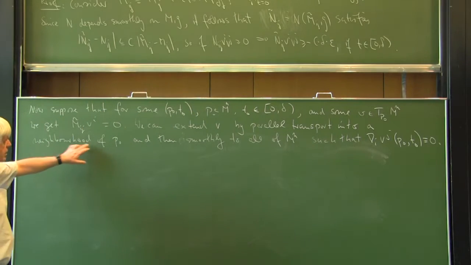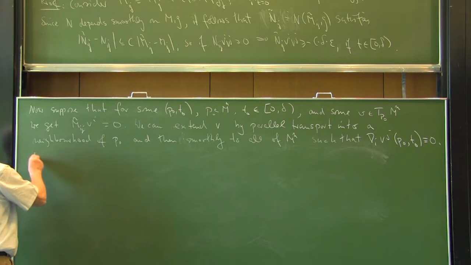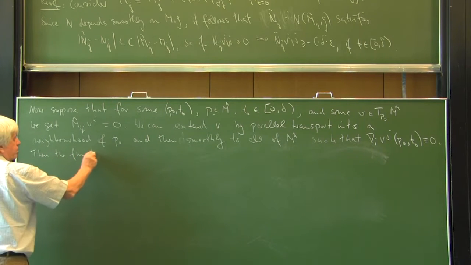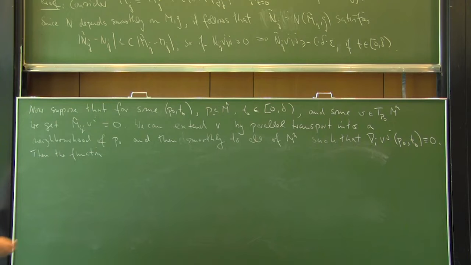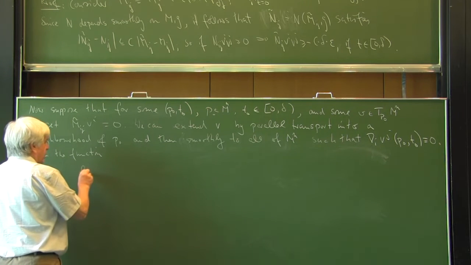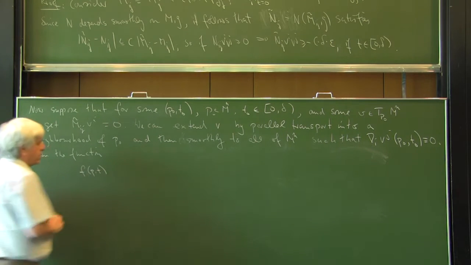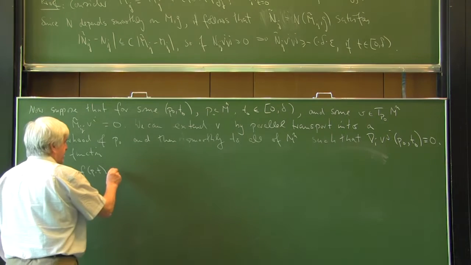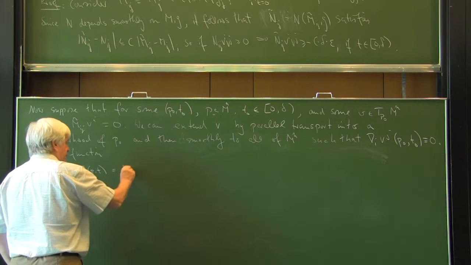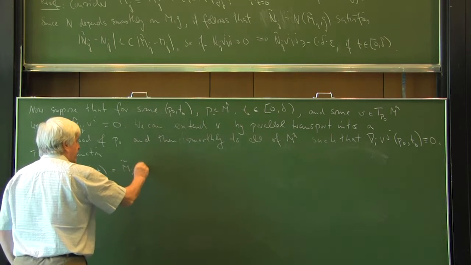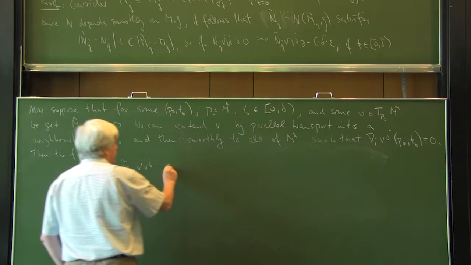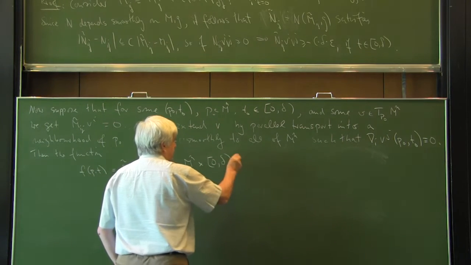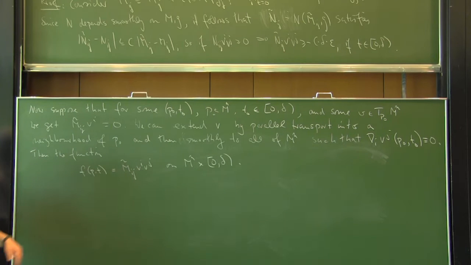Now, if you then consider the function f, I told you that we want to reduce it to a scalar case, so we consider the function M tilde ij vi vj on M cross this interval 0 delta.